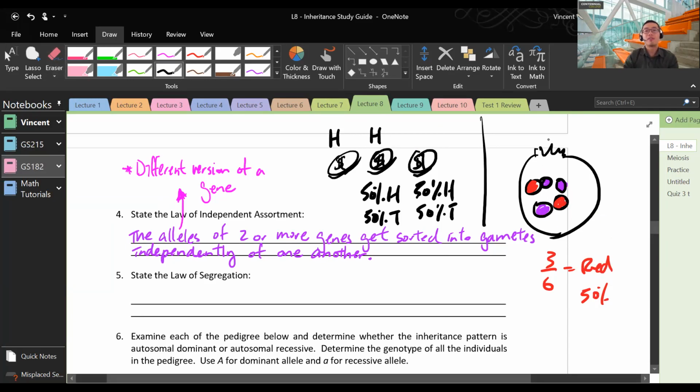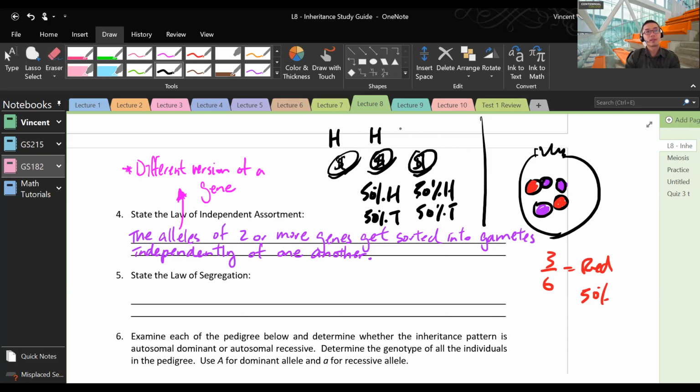That's an example of a dependent event. The probability of what happens next depends on what happens on the first one. Flipping a coin is an independent event, meaning what happens in the first flip has no effect on the next flip. Are we all clear about dependent and independent events?